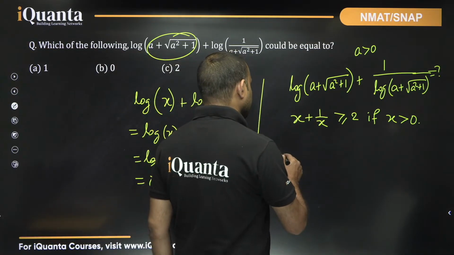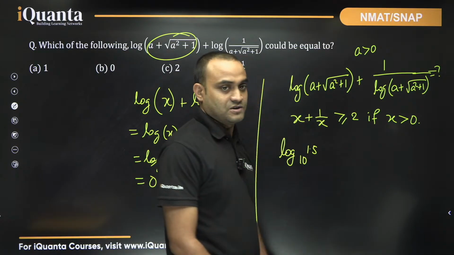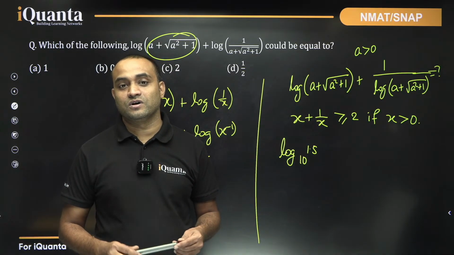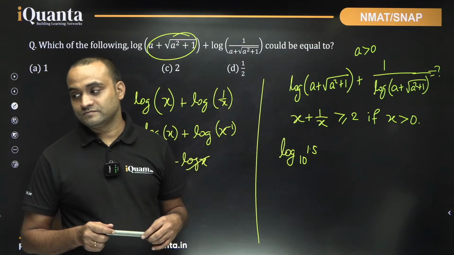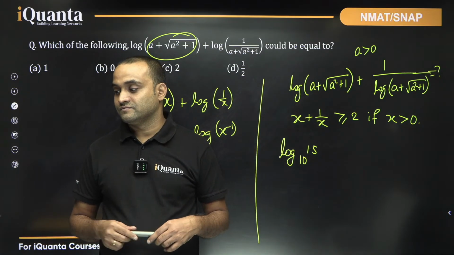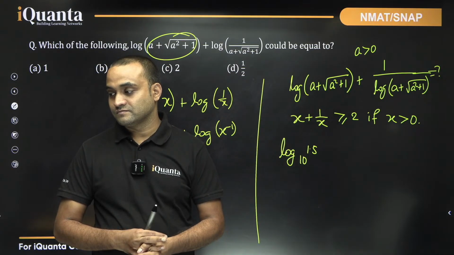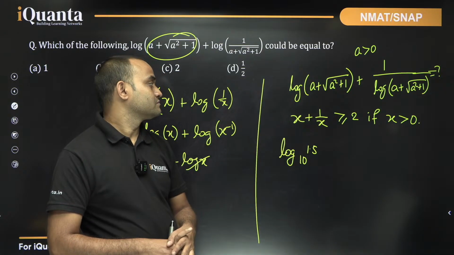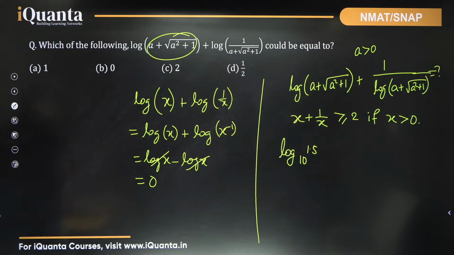Okay, let's see how many of you are clear about logarithm. Tell me, log 1.5 base 10, is this greater than 0 or less than 0?